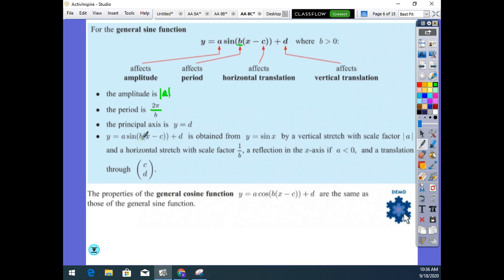Be really careful with this. Sometimes this number is inside the parentheses with the x. You may have to divide it out. And notice this will show a translation. This is your x translation, and this is your y translation. Sine and cosine follow the exact same pattern.